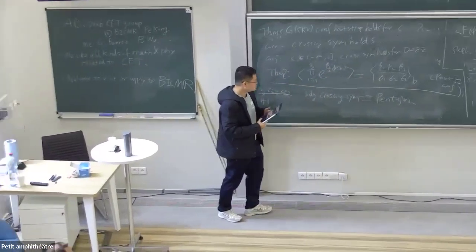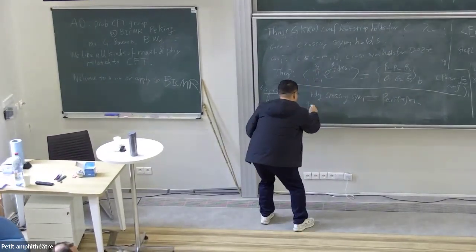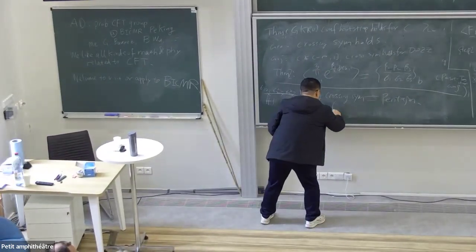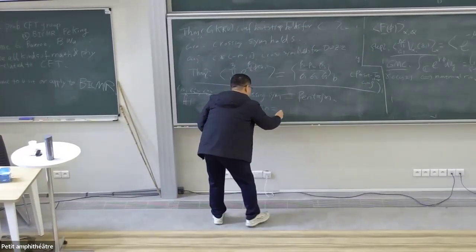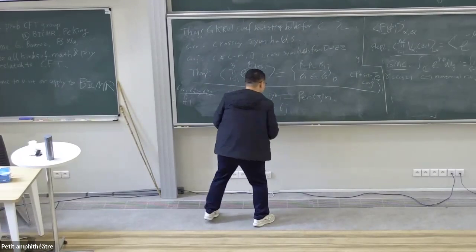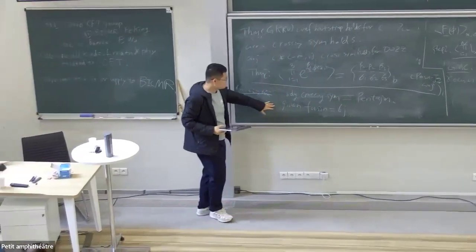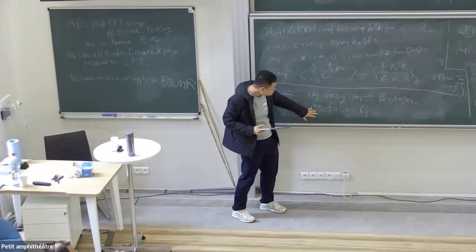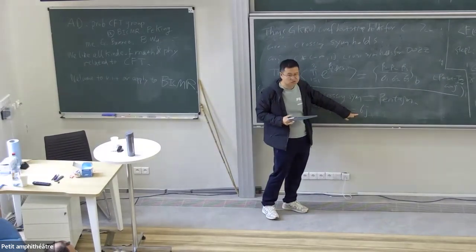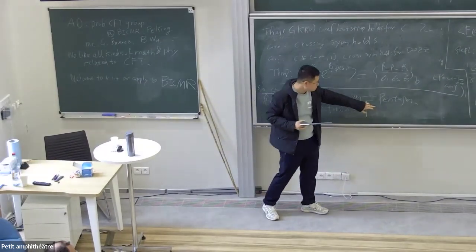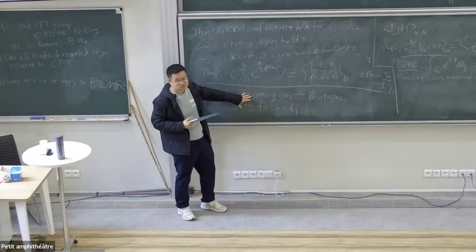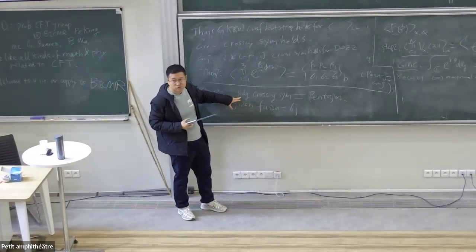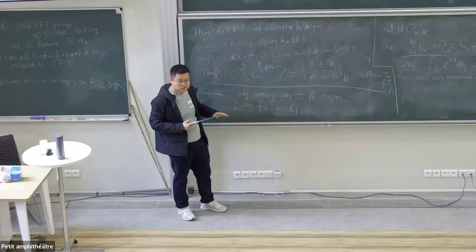So, given that the fusion kernel equals the secret symbol, the philosophy is that the pentagon relation satisfied by the secret symbol is exactly the crossing symmetry for the boundary bootstrap, for the 4-point disk boundary bootstrap.